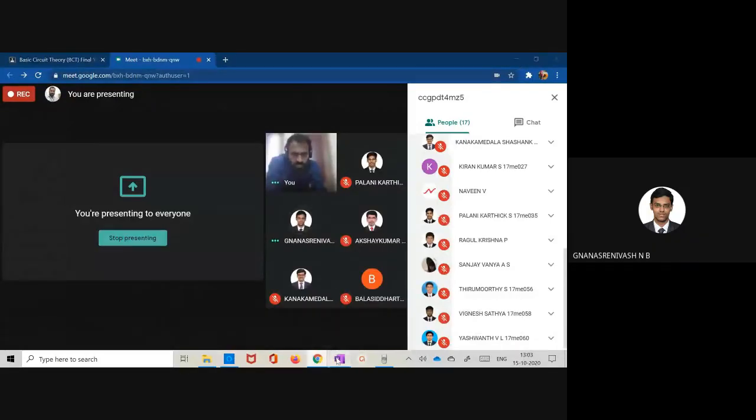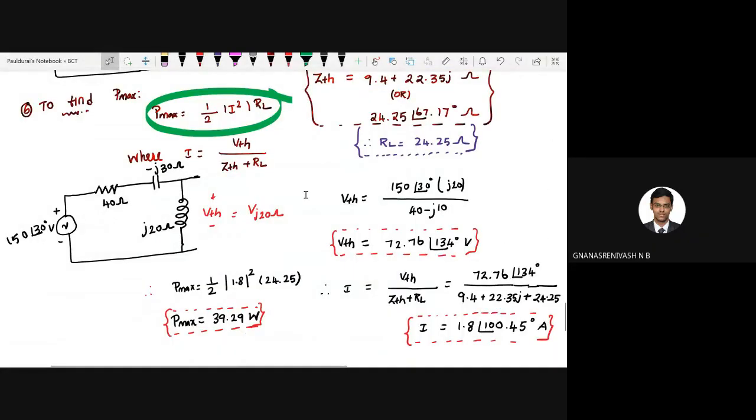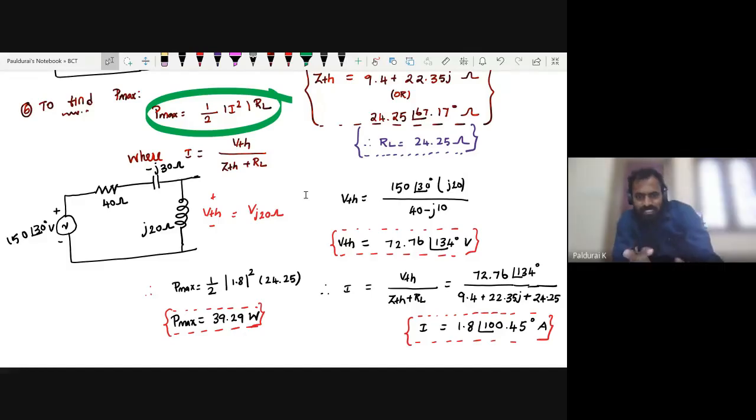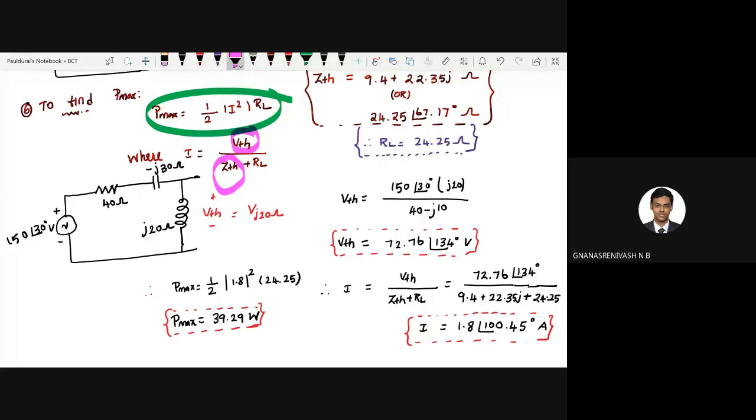Sir, please show the last sum. In this VTH by ZTH plus RL, should we put only the magnitude for VTH, or the angle also? I will add the angle also. Okay. Because ZTH is again a complex number, right? VTH divided by ZTH plus RL, see, this is my complex number, right? This ZTH is complex. So here also go with complex, I mean add the angle also.